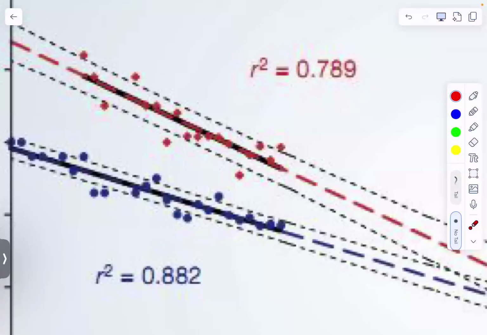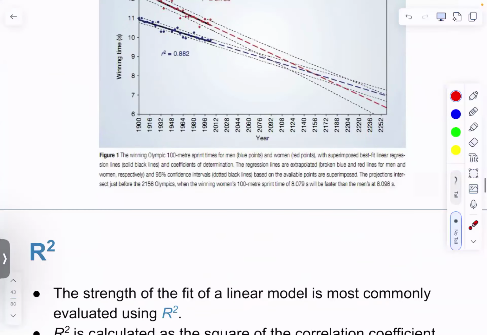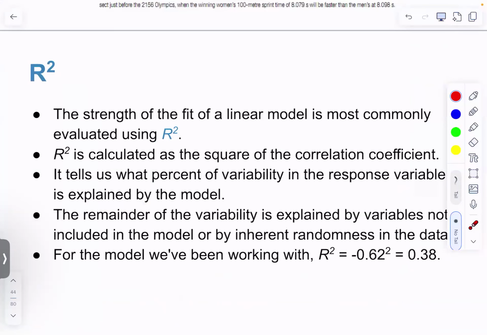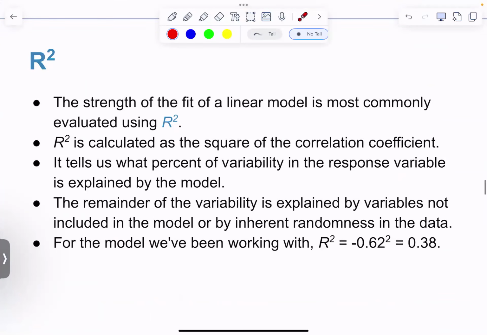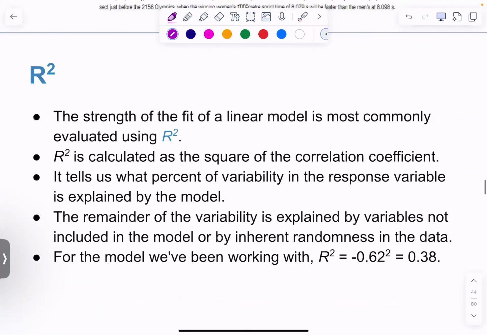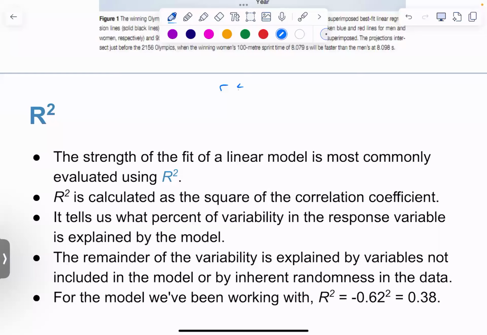All right. So let me move this up here because otherwise I get confused. The strength of the fit of a linear model is evaluated using R squared. Okay. And so here I'll just outline that r is the correlation, and it's between -1 and 1.